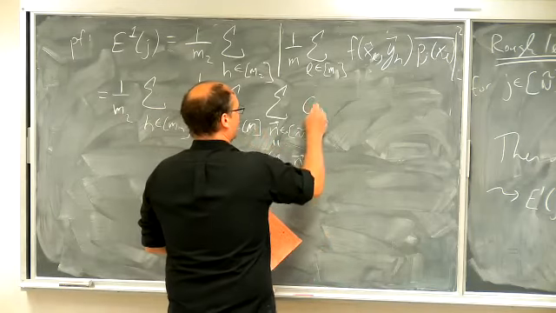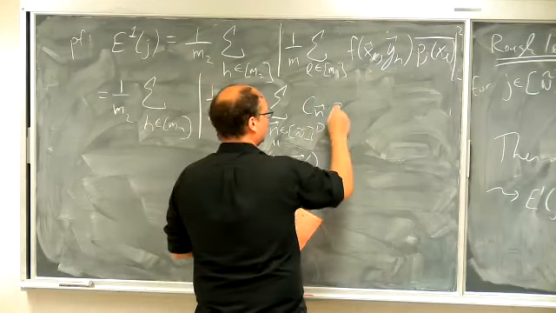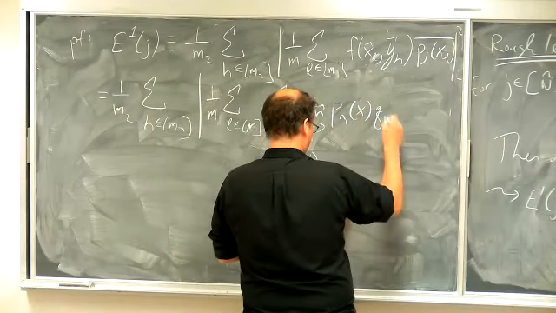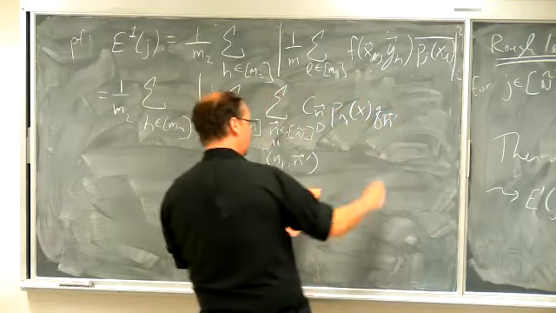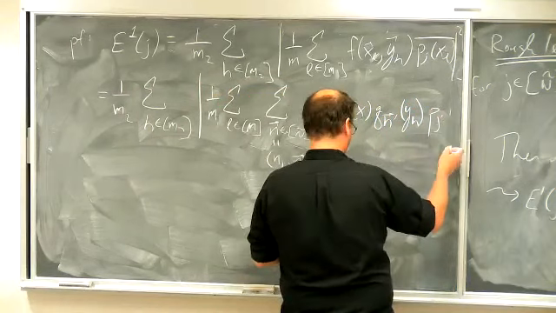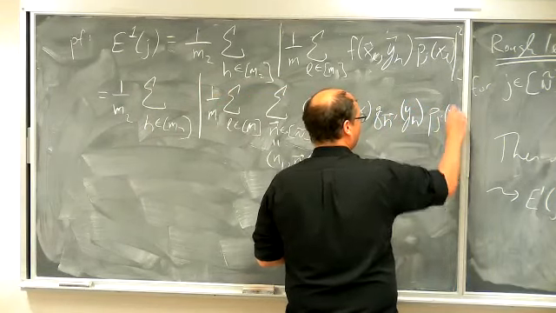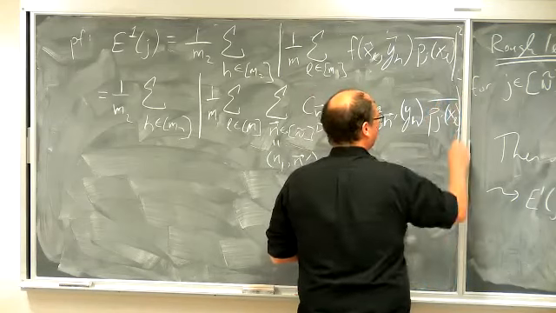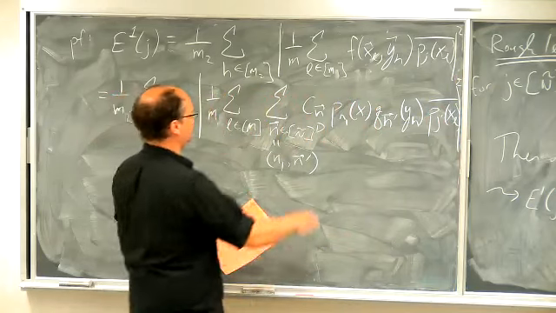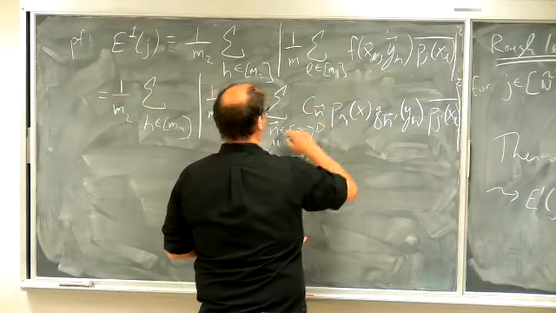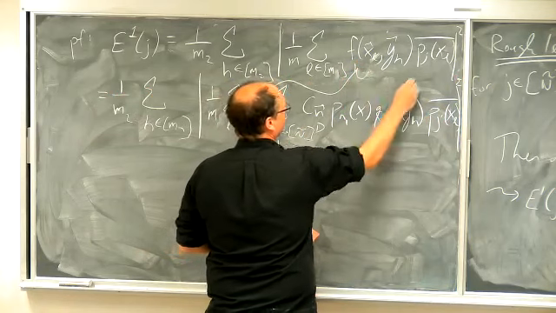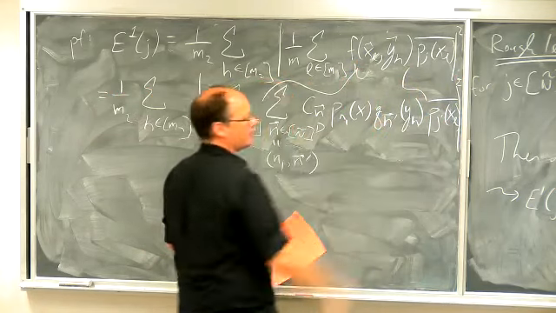I'll have my coefficient, and I'll have p_{n1}(x), q_{n'}(y_h), and I still have p_j(x_l) magnitude squared. Okay, great. So this guy has just been expanded into this business. So that is this guy right here. That's all I've done.